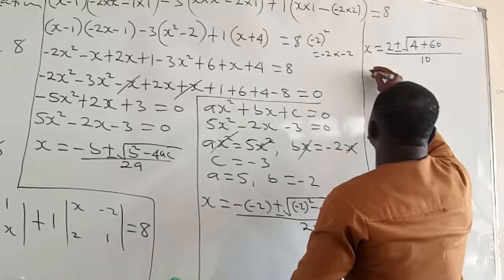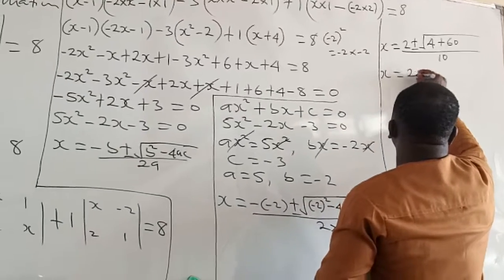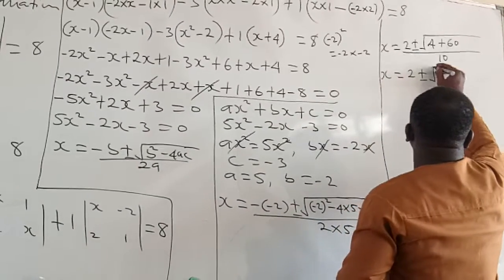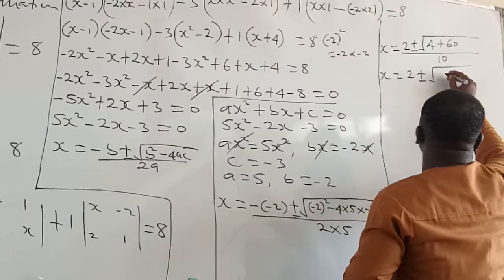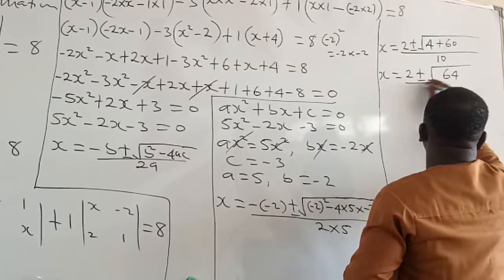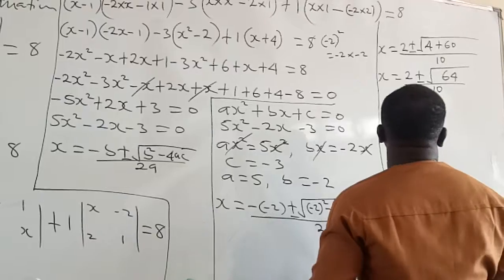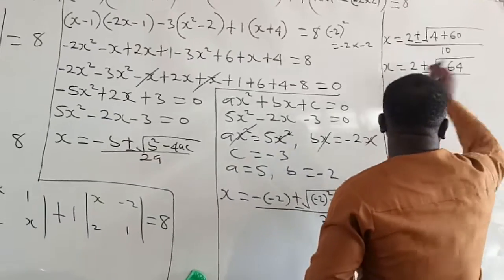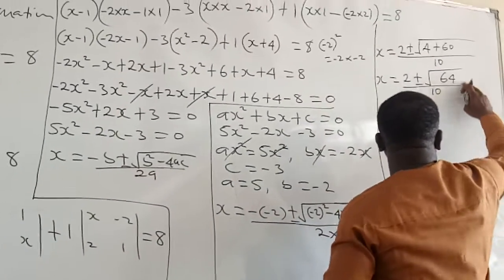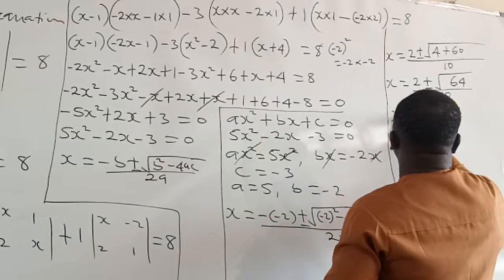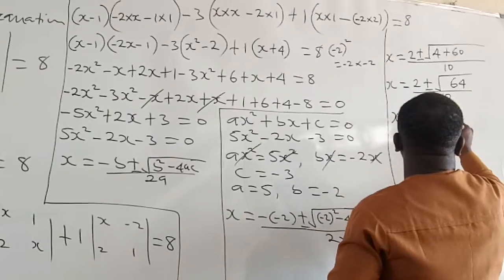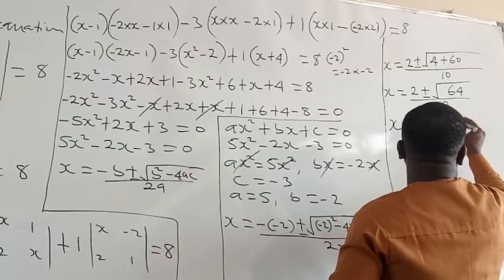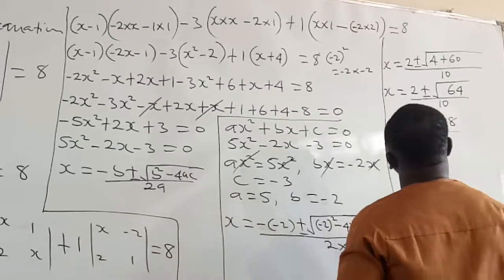Okay? Then x is equal to 2 plus or minus the square root of 4 plus 60, which is 64, all over 10. Okay? Then let us look for the square root of 64. It will give us 8. True or false? Okay, our x is equal to 2 plus or minus 8 all over 10.